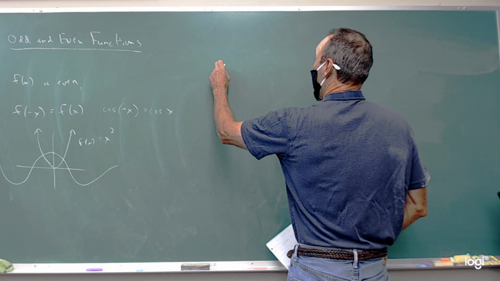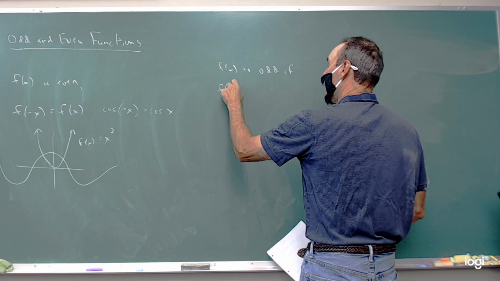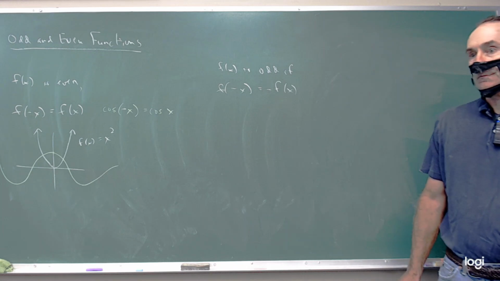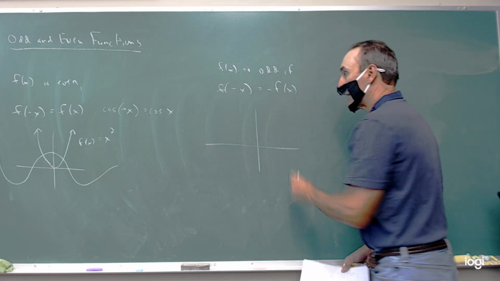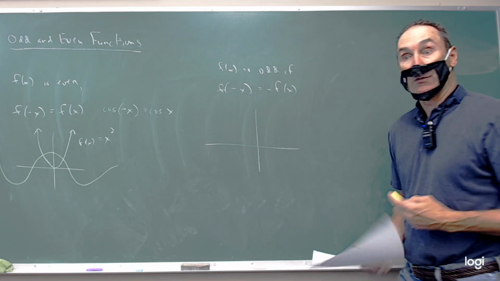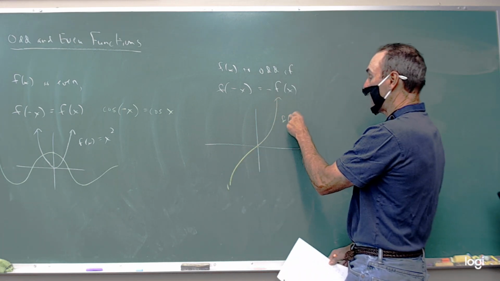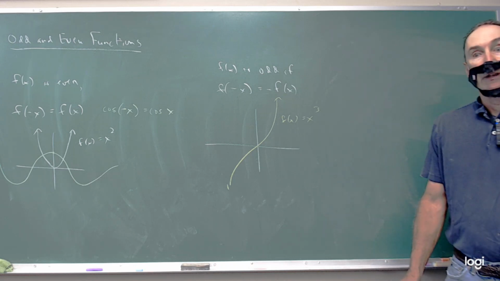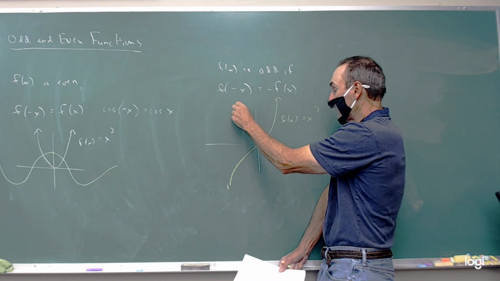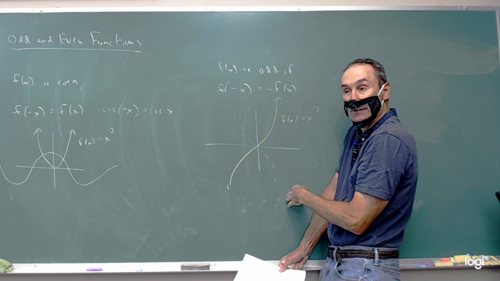Okay, f of x is odd if f of negative x is negative f of x. A classic example of an odd function is anything to an odd power. So if we call f of x equal to x to the third, when you reflect it in the y-axis, that's the same as if you reflect it in the x-axis.